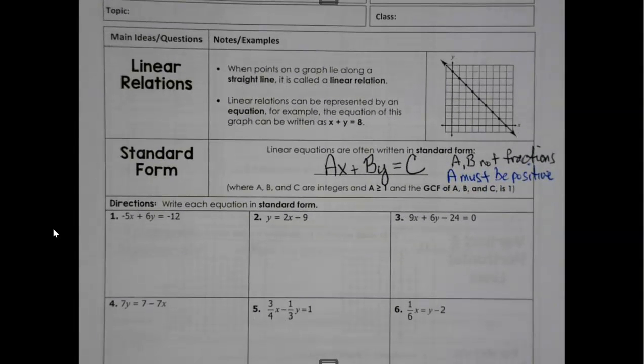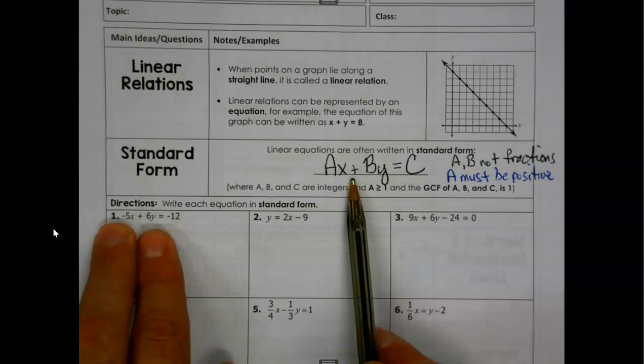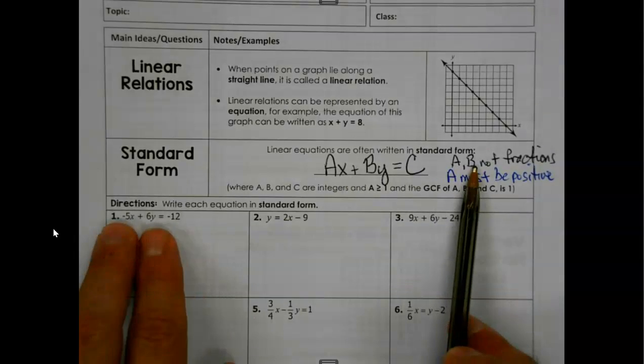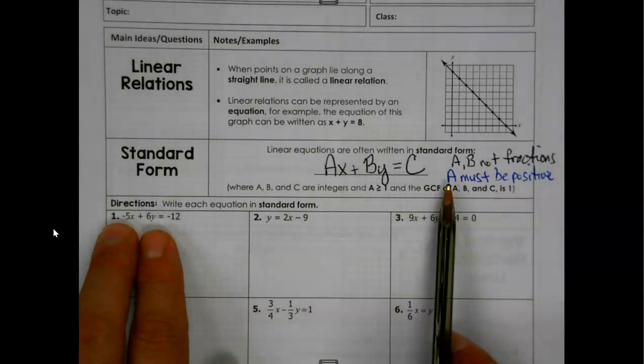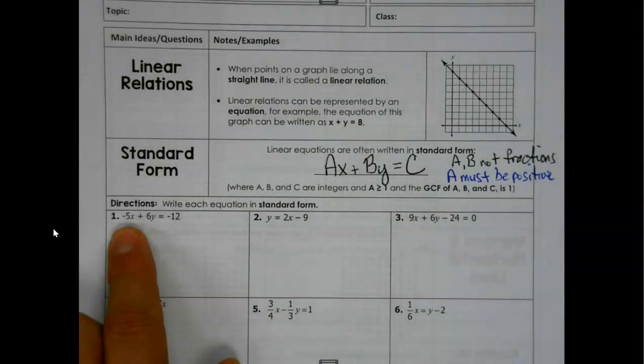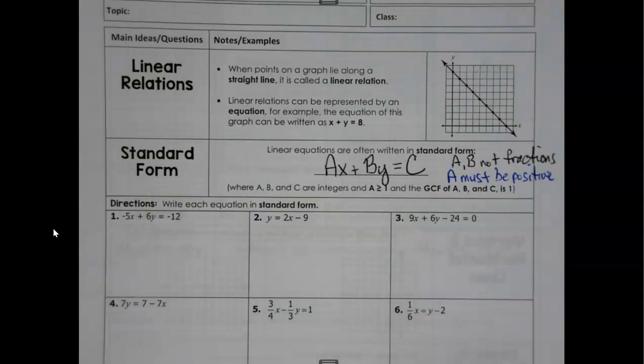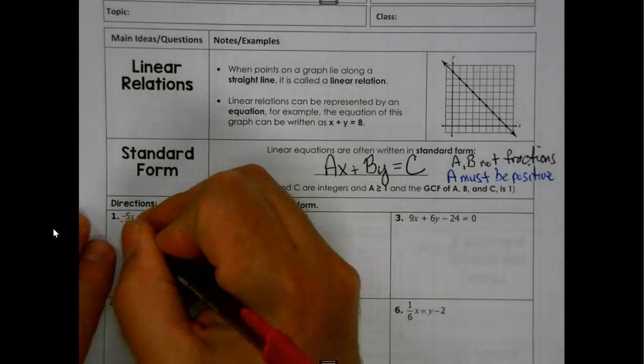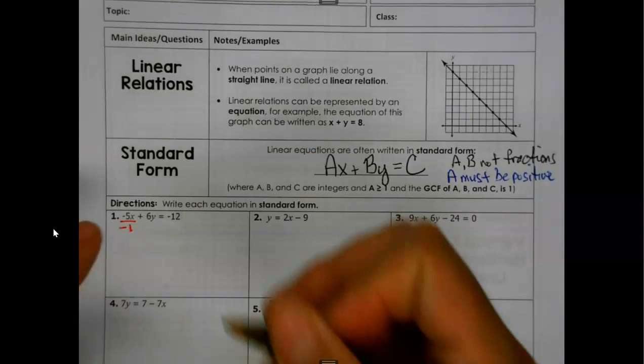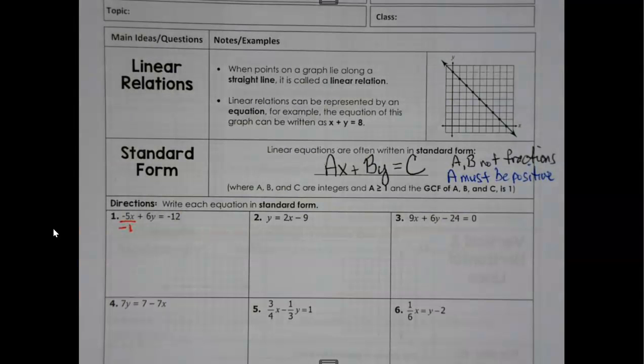So I look at the first one. I'm like, okay, x and y are together. That's good. Step one, we're good. A and B aren't fractions. They're not. That's good. A must be positive. Uh-oh. All we got to do to fix that is divide by -1, because negative divided by negative is positive.